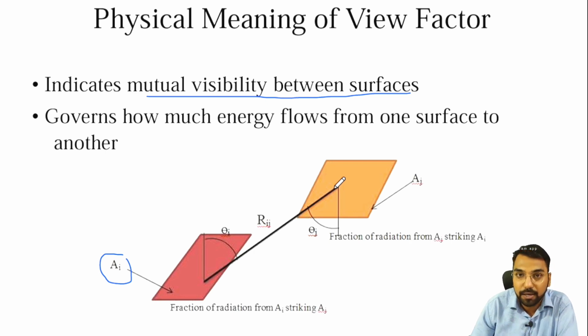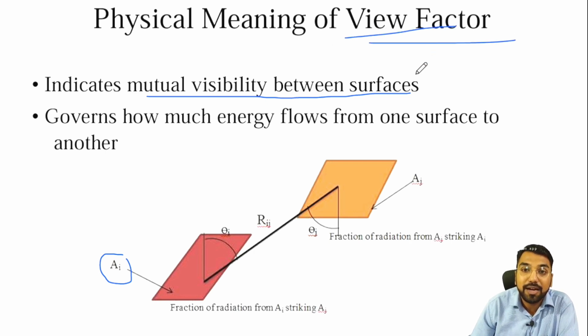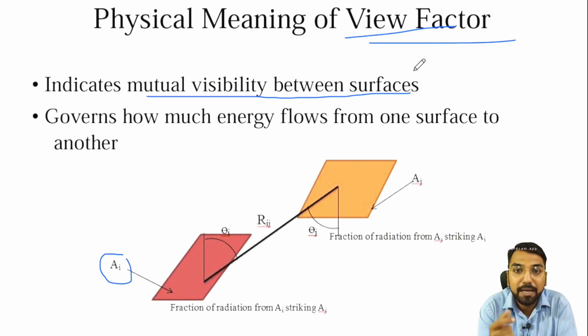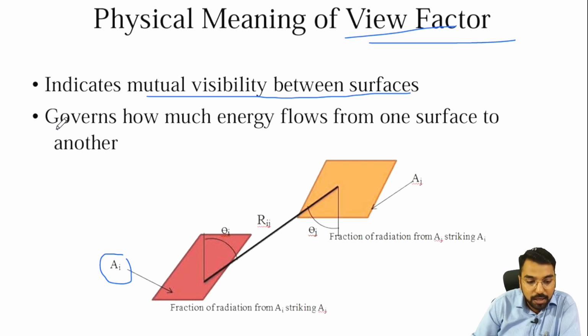That part, that fraction, we are going to calculate with the help of the view factor. And that's why the view factor is the most important thing in radiation heat transfer, because for special applications or engineering applications, we have to be very specific and precise about how the heat transfer takes place and in what quantity. It governs how much energy flows from one surface to another. Let's take an example.